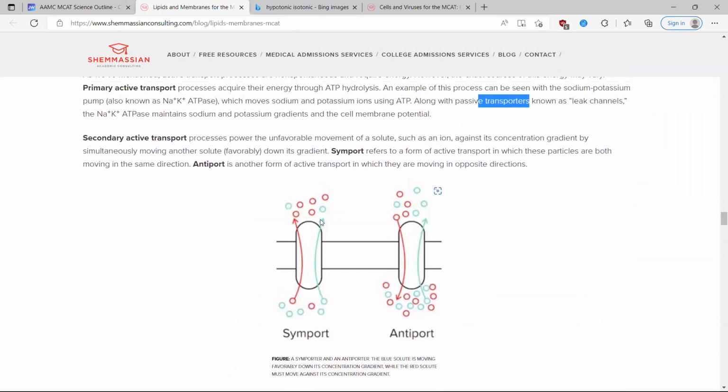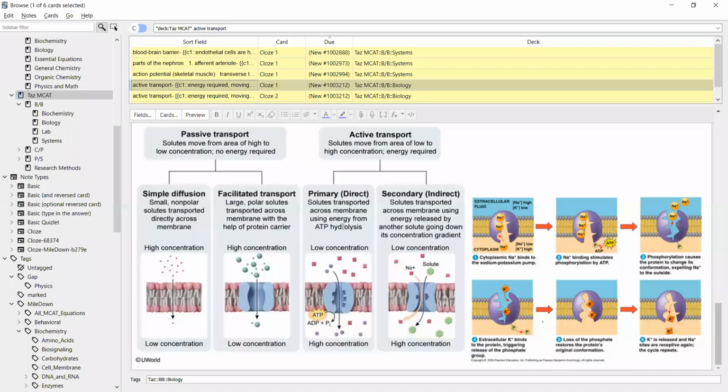So what does that mean? If we have the sodium, right, it's going down its gradient. There's more sodium here and there's less sodium here. So the sodium is going where it wants to go. However, at the same time, we'll take whatever solute we want with it. I think it's glucose.